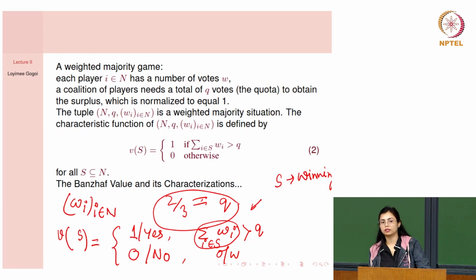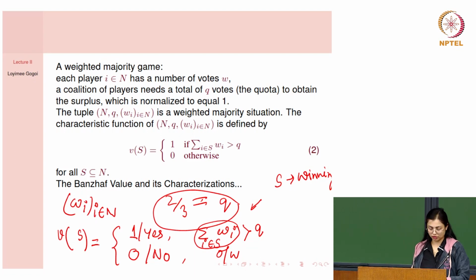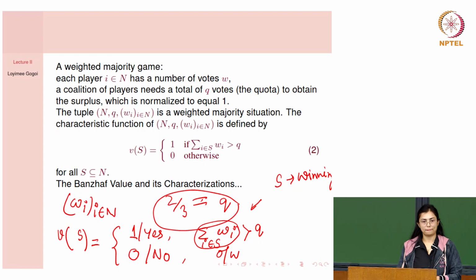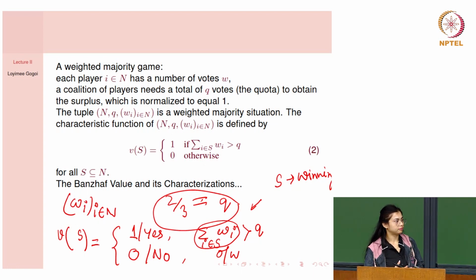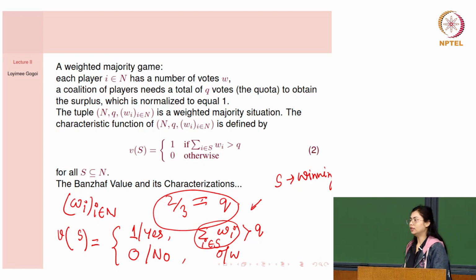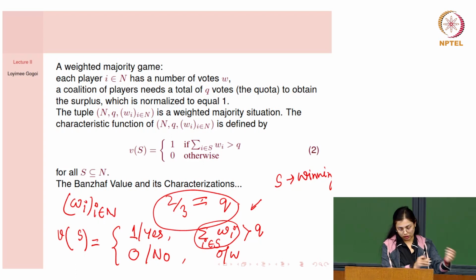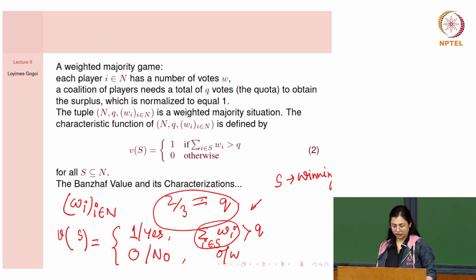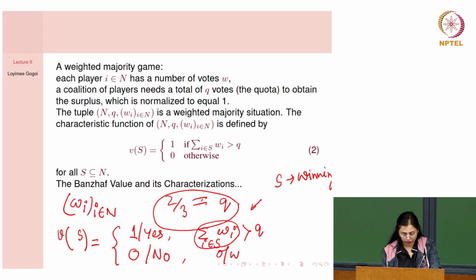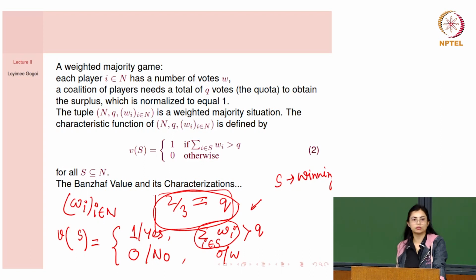For the losing coalition, it is 0. The scenario is simple. The bill is going to pass when the majority says yes, right? So the two-thirds majority has to say yes, and otherwise it will not pass.